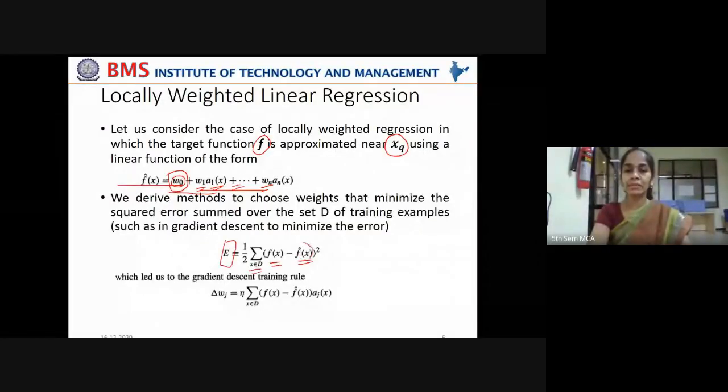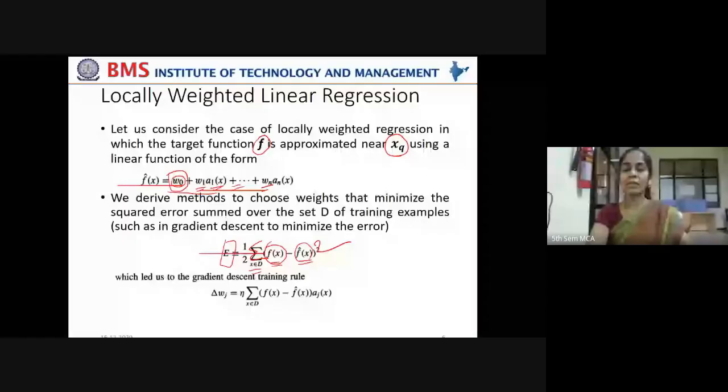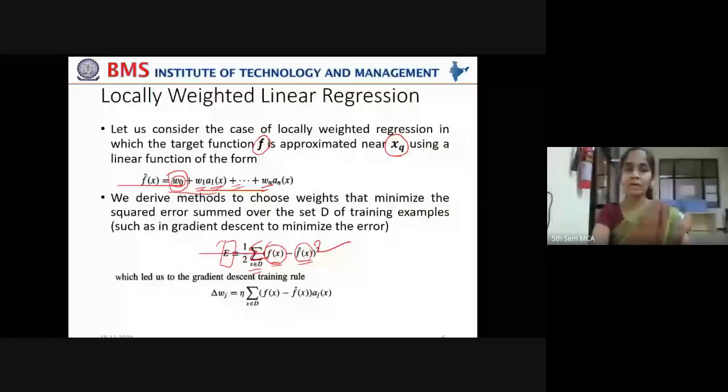And what is the original value of x? What is the difference between them? It will give you the prediction error. Square it, sum them up using sigma, and multiply it by 1 by 2. That will give you the error. So we derive methods that minimize the squared error sum over the set of.